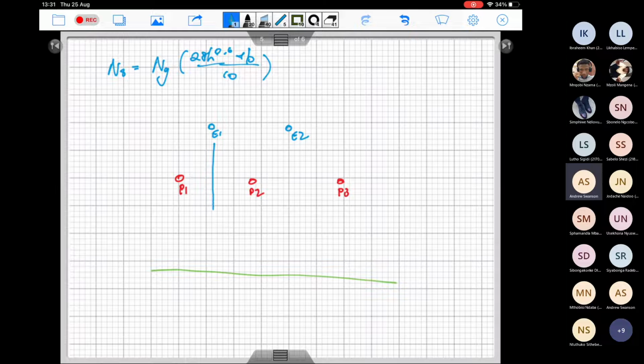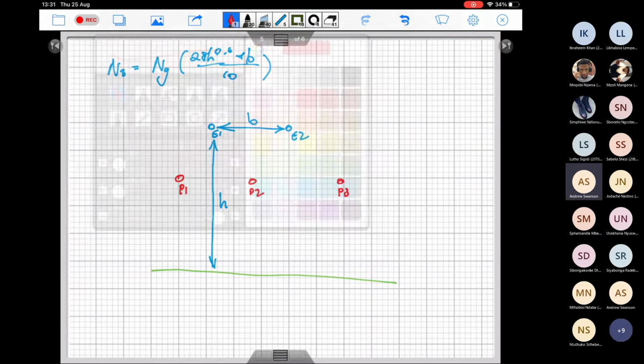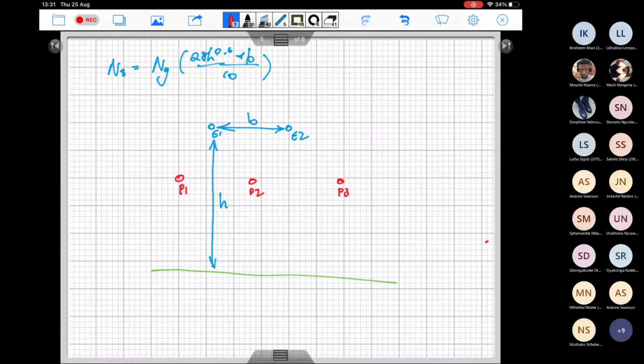We're just going to look at Earth 1 and Earth 2. H refers to the height of that conductor. B refers to the distance between the other earth wire. Both those earth wires together collect a number of strikes. And that's equation 4.